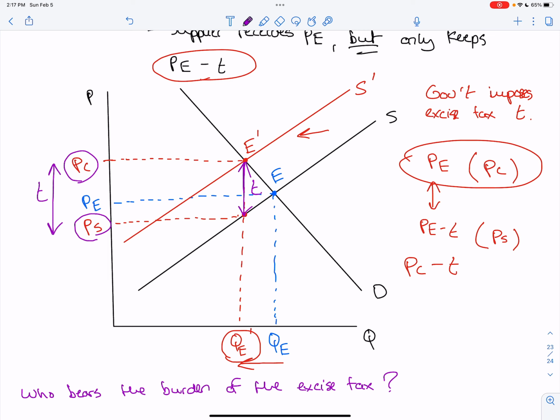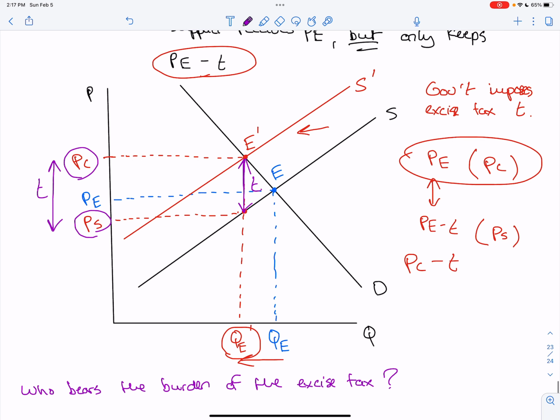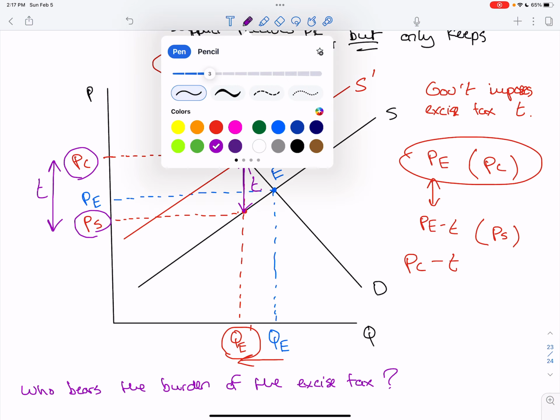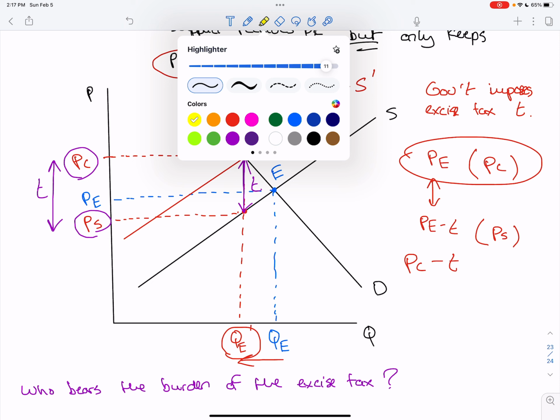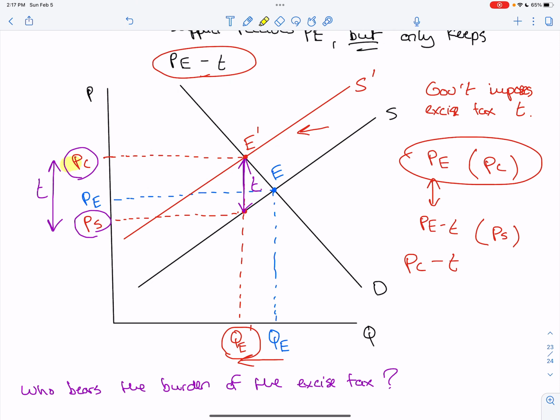Now, we said before that the excise tax is actually paid by the supplier to the government. So you might think, well, it's obviously the supplier that loses out. But you'll notice that both the supplier and the consumer actually lose something. Why is that? Well, take a look at this. PC, which is the amount that the consumer has to pay, is higher than what the consumer was previously paying, which is PE.